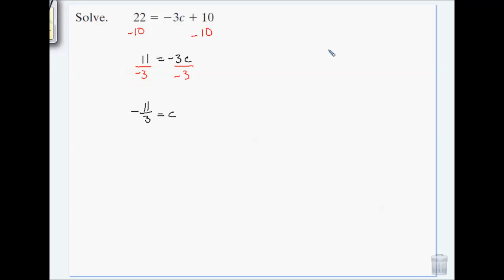Yeah. And let's say this 11 was already negative, and I did divide by negative 3, so I have a negative over negative. Why did you leave it as a fraction? Because I subtracted wrong. And I was testing you to see if you knew what 22 minus 10 was.